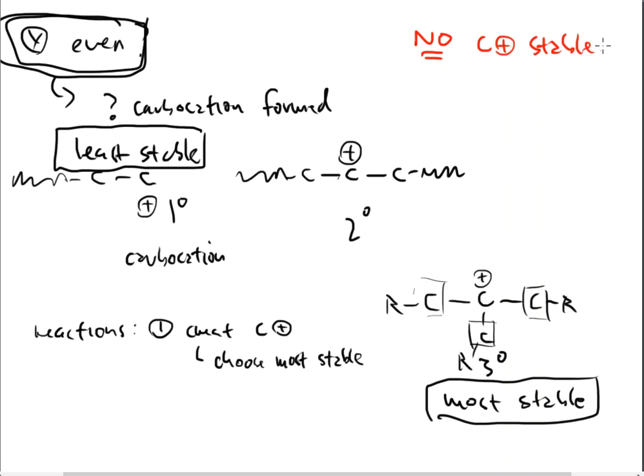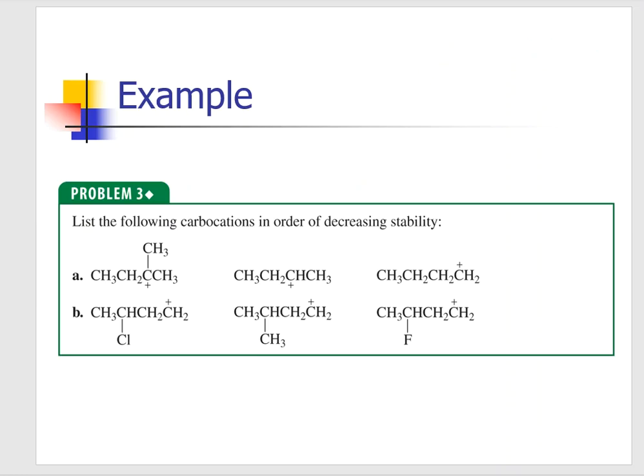Now, with that said, we're going to do some examples. And what do these examples look like? Well, they look like this. This is really the first, I would say, before we do reactions at all, you're going to have to be comfortable answering this type of question.